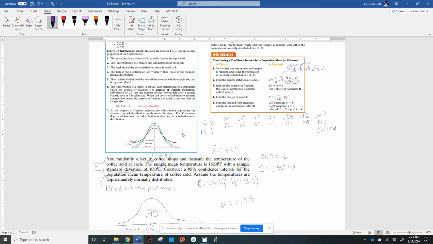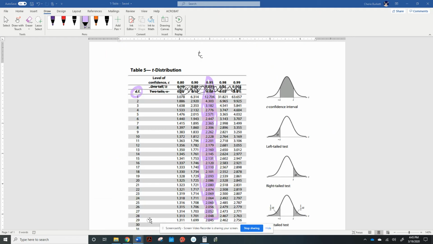That's what S is. And so in the calculation of S, they use those degrees of freedom. Okay. And so that's all we need to know right here. If N is 16, your degrees of freedom are 16 minus 1. So it's 15. So now when we go over here, we go down here to degrees of freedom.